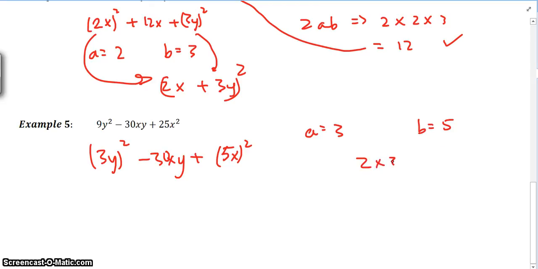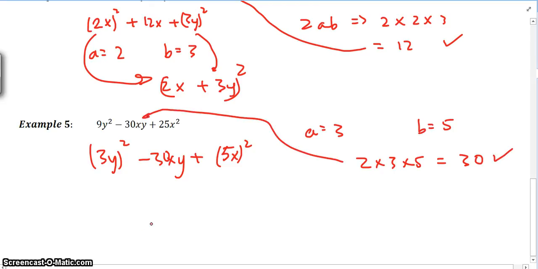What's 2 times 3 times 5? That is equal to 30. So it is a perfect square. This becomes (3y minus 5x) squared, with the minus sign carried down.